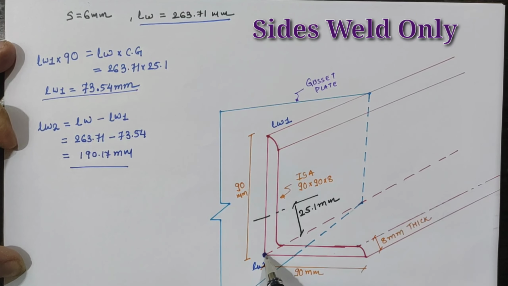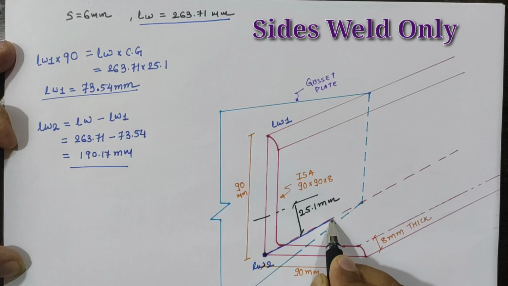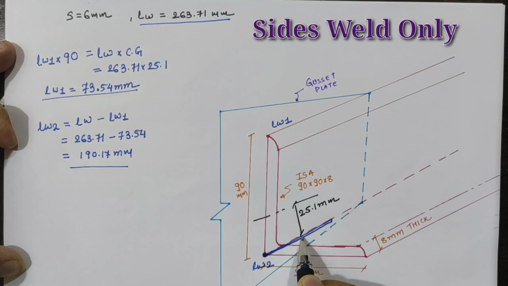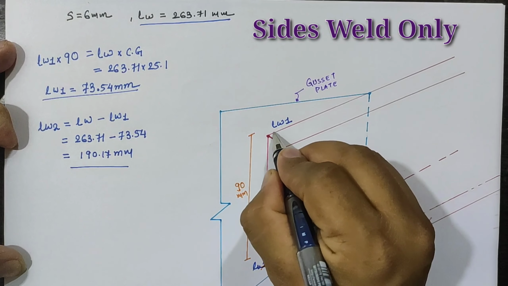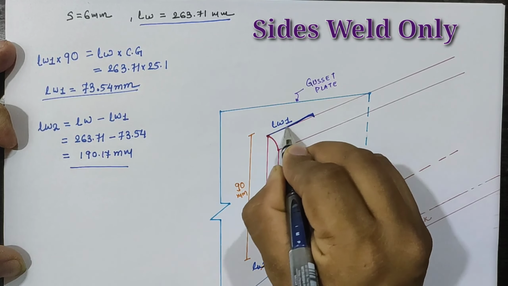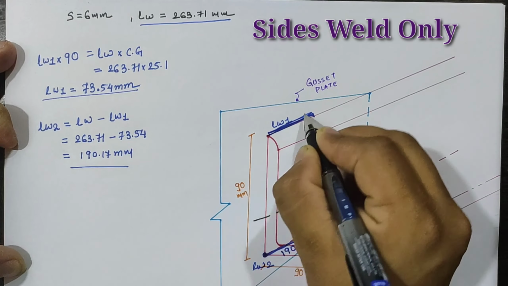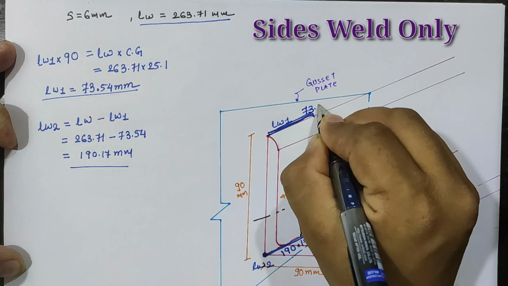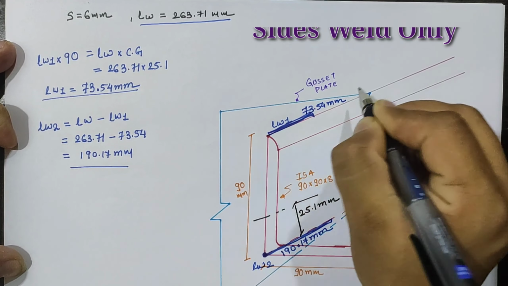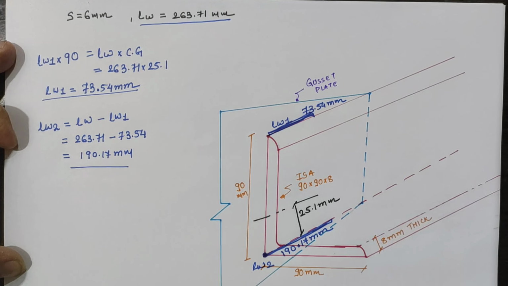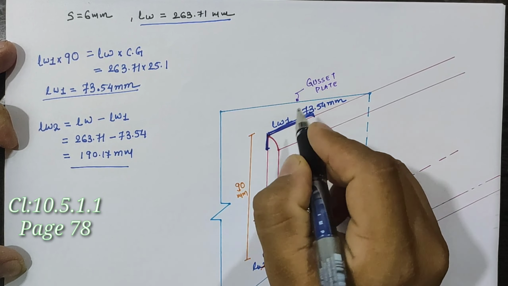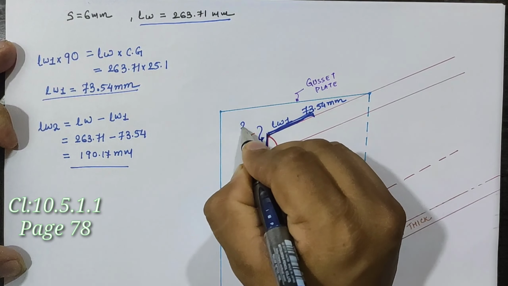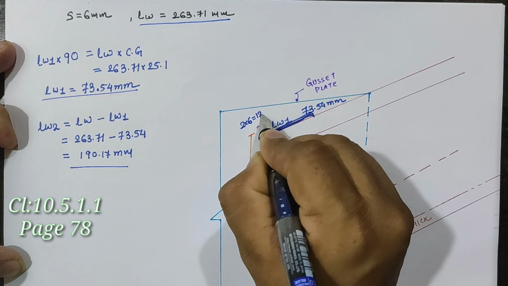So the total length of weld required at the bottom part is equal to 190.17 mm, while at the top part it is 73.54 mm. Now, according to the codal provision, we have to provide the end return. So the end return value is nothing but twice the size of weld, which is 12 mm.